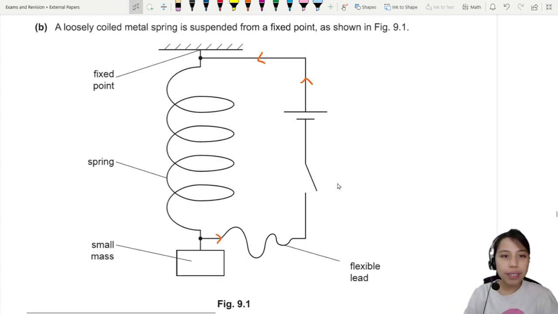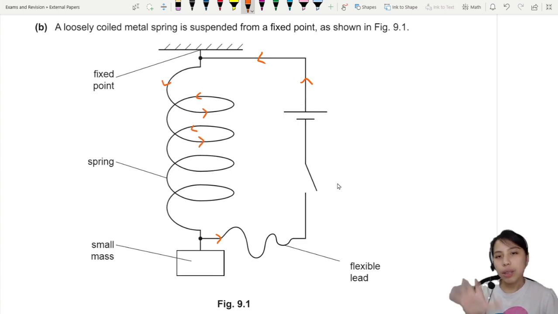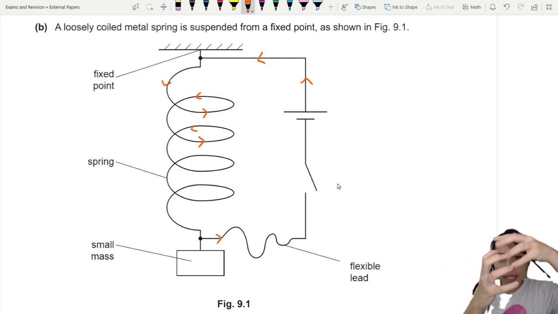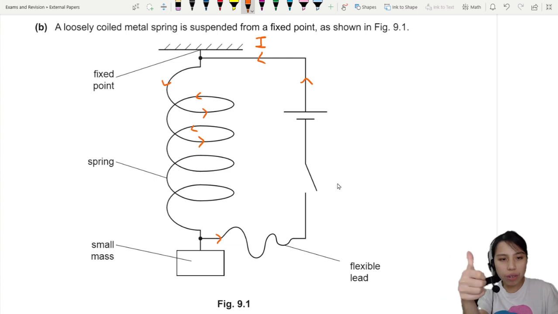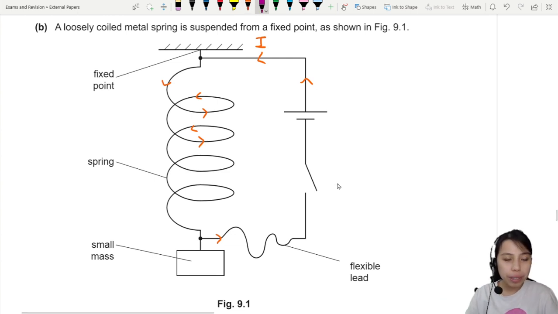If you have currents coming into the solenoid like this and then goes down to the next one like this and goes down, you can use your right hand grip rule and your fingers that curl follow the direction of the current, the orange color one that I just draw. So if I curl my fingers around this coil, my thumb should be pointing upwards. So if we were to draw the field of a solenoid, it would look something like this. Roughly like this now, okay?